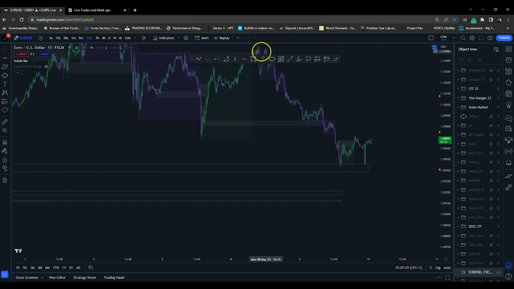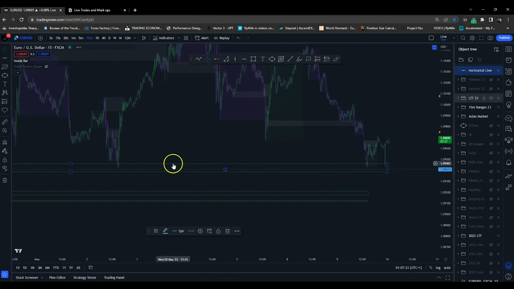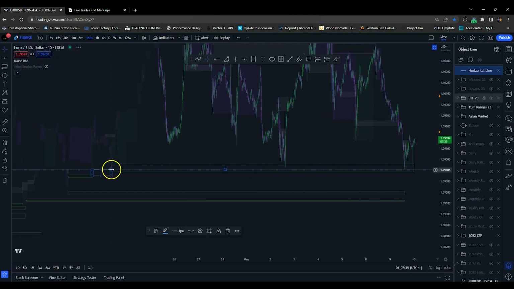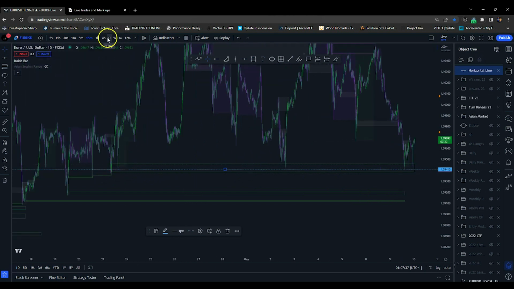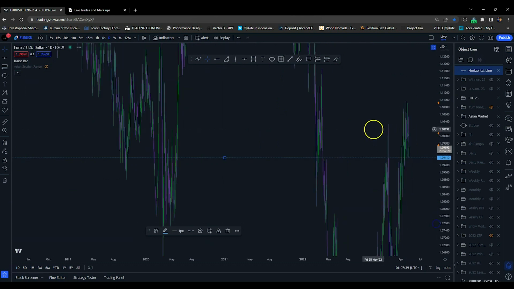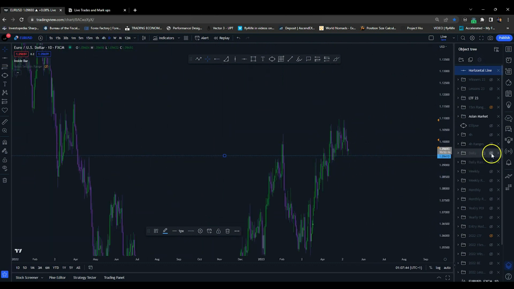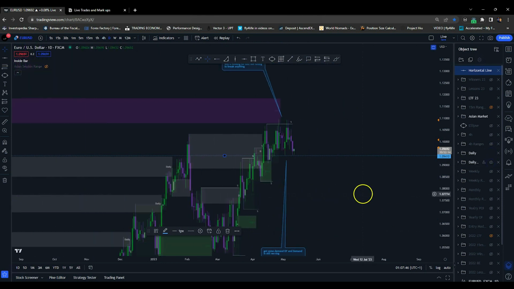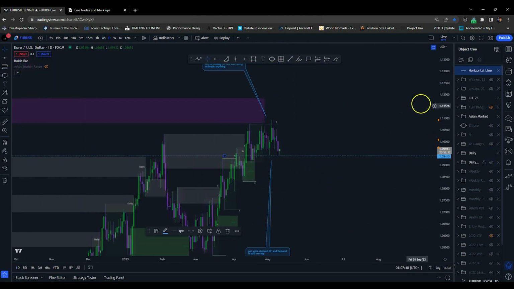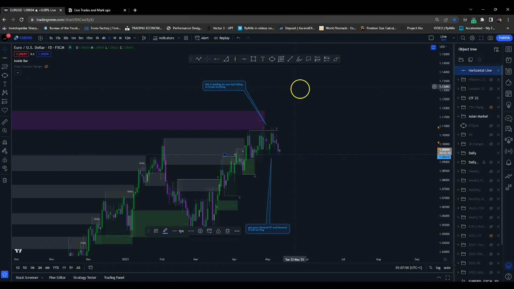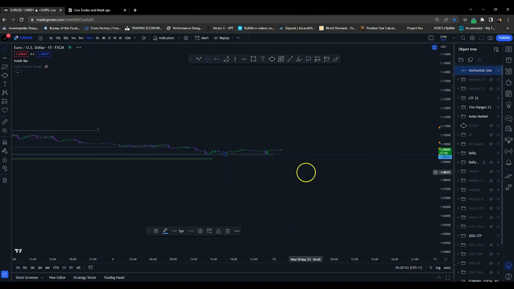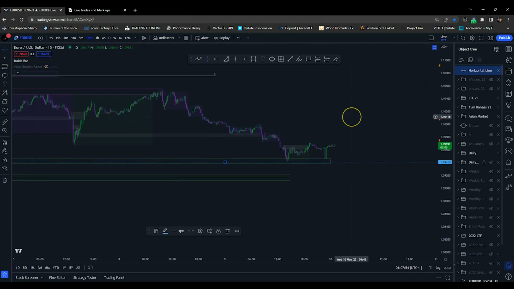It'd be interesting to see what goes on today because, yeah, we've just been sweeping a lot of liquidity. Oh, pissing down again. We're kind of rangy. Anyway, it's not a forecast, it's a recap. So we'll see what happens later on.